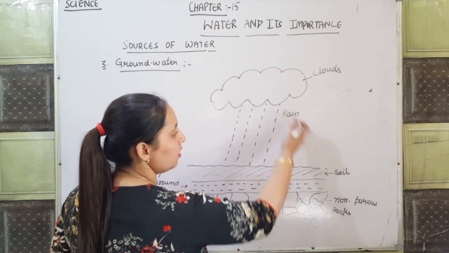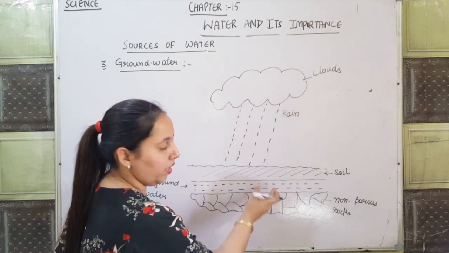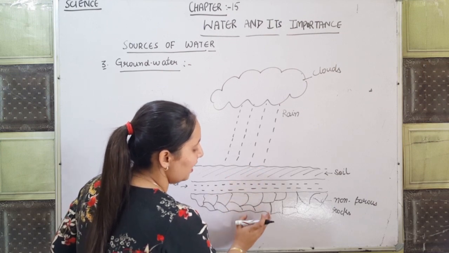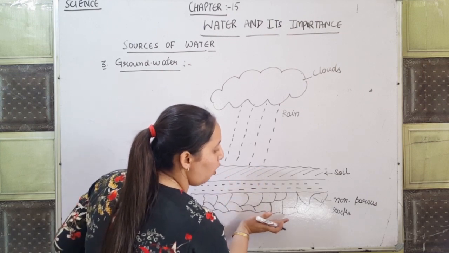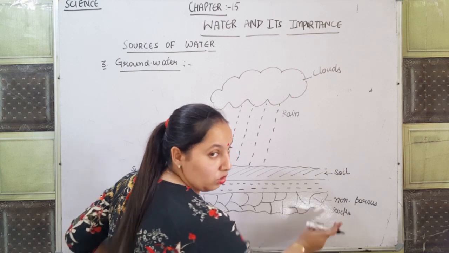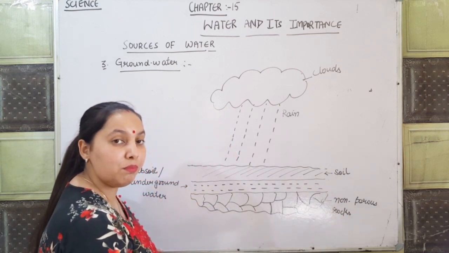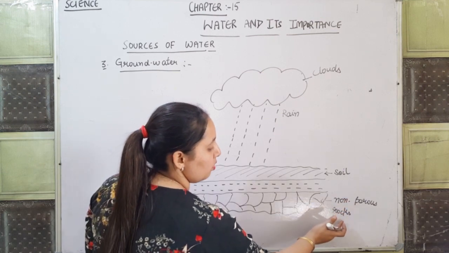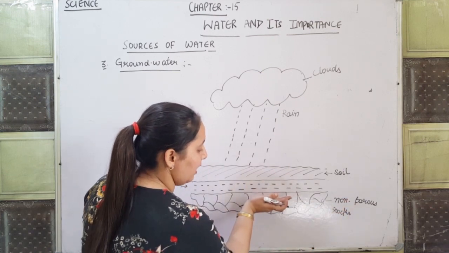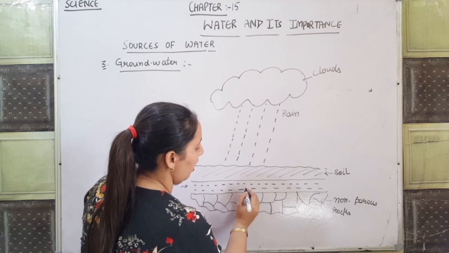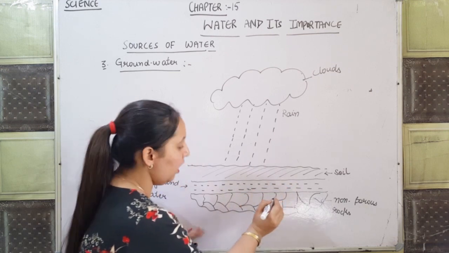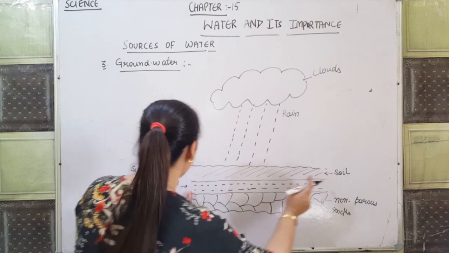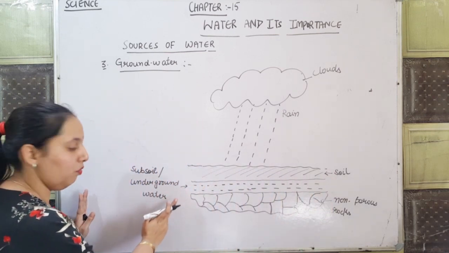The soil absorbs the rainwater, and the absorbed water is stored by the non-porous rocks present below the surface of the earth. These non-porous rocks collect the water coming above them. The reservoir where the water is collected is known as underground water.